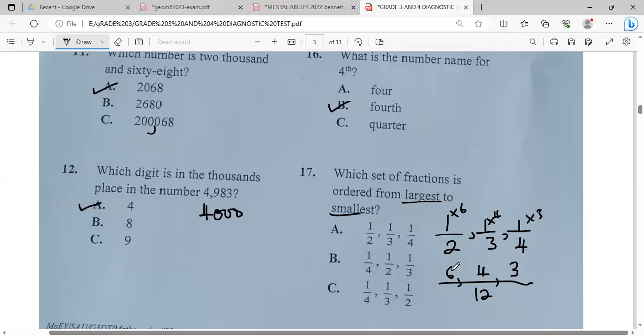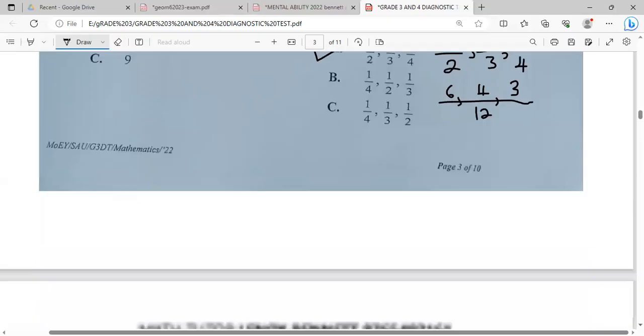So because 6 has the highest value, we can see of all the fractions, a half is the highest value. And this is 4, 3, so it's going to be a half, 1/3, and 1/4 in descending order. So that's from the largest to the smallest.